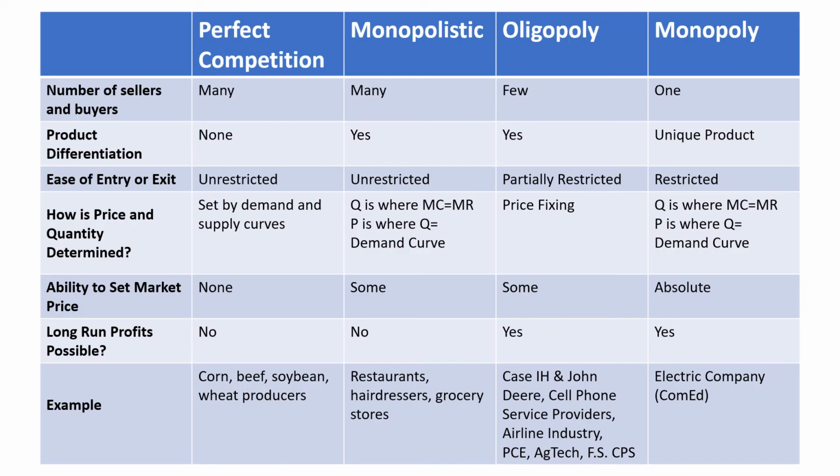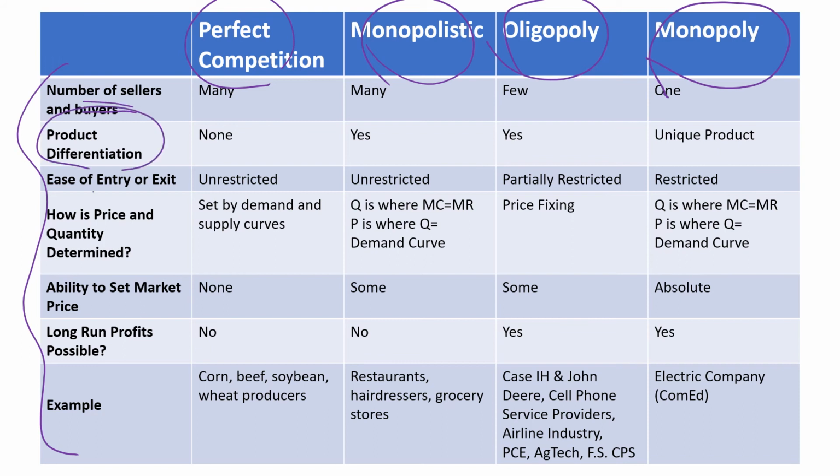Okay. So this slide just gives us a summary of all of the different competitive market types, along with some characteristics of them. Just to review: how many buyers and sellers are there? Are the products differentiated? Is it easy to enter or exit?